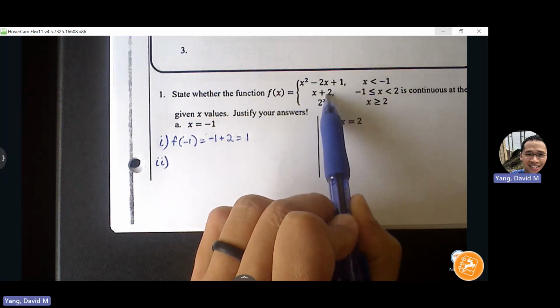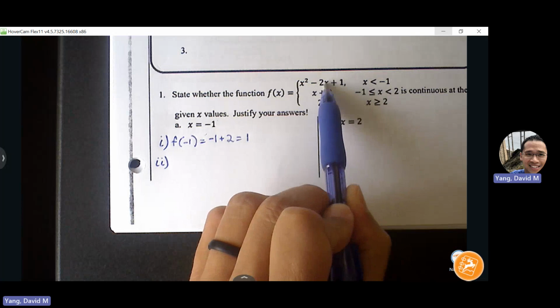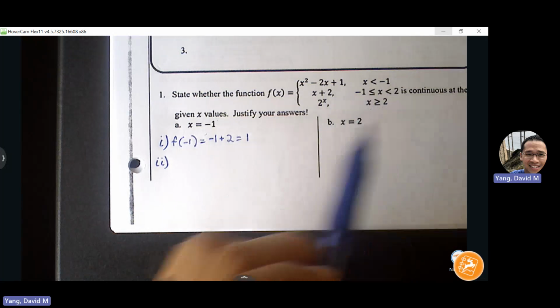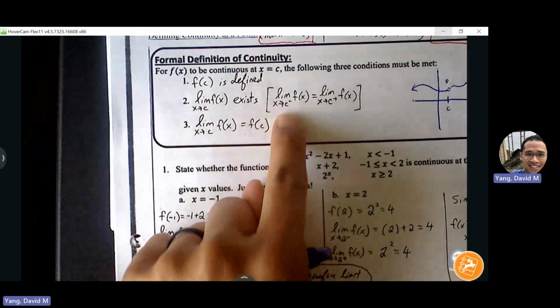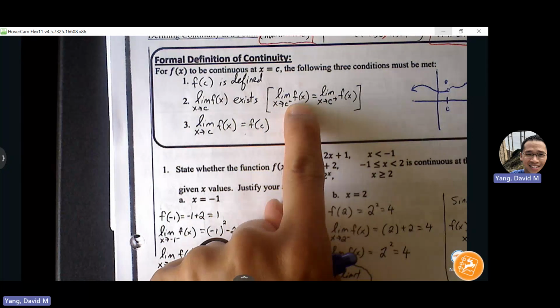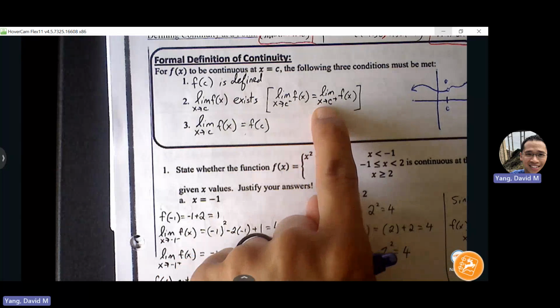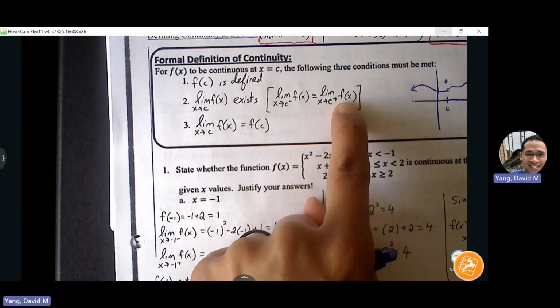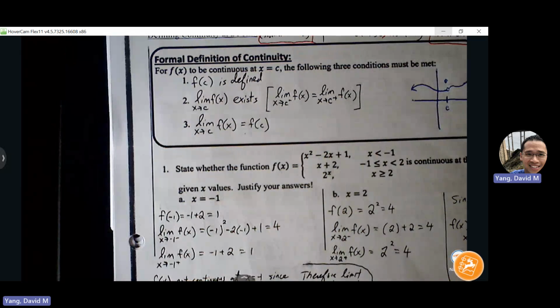I need a limit as x approaches -1 from the left for the appropriate function, and a limit as x approaches -1 from the right for the other appropriate function. Then we do those calculations separately and see if they line up. If they line up, great, we can check off the second condition and move to the third.